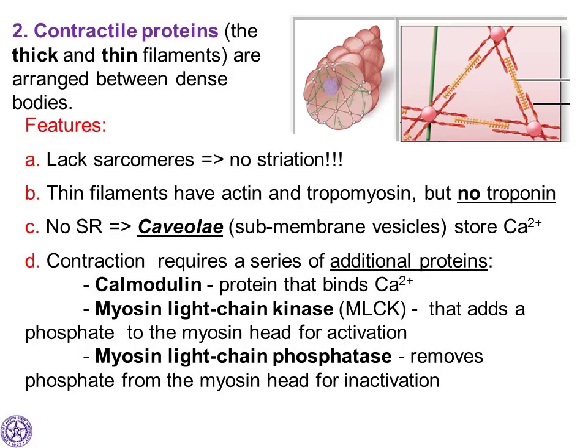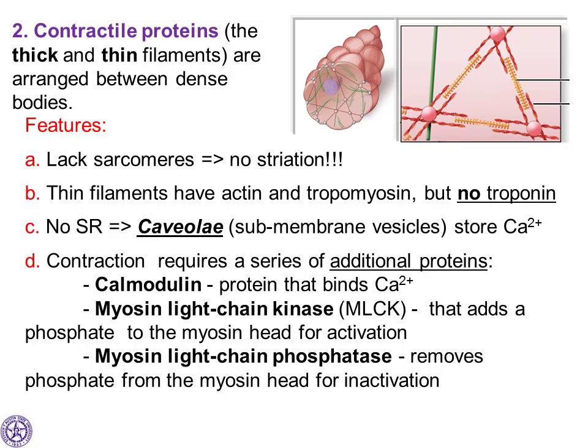So myosin light chain kinase adds a phosphate where? To the myosin light chain, or the myosin tail. That's going to be a way that we can activate myosin. For right now, just hang on to the fact that myosin light chain kinase activates myosin.